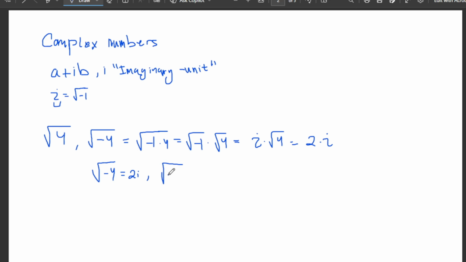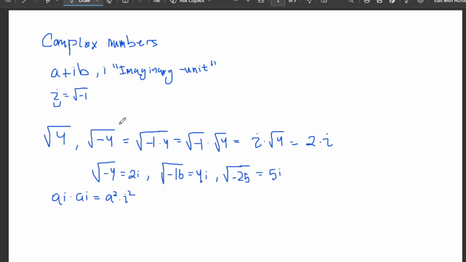It works for everything. So the square root of -16 is equal to 4i, and the square root of -25 is equal to 5i. We can also prove this: if we have a times i times a times i, it will be a squared times i squared.